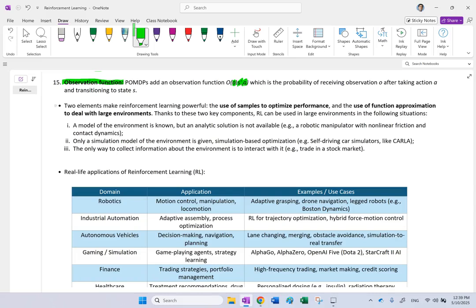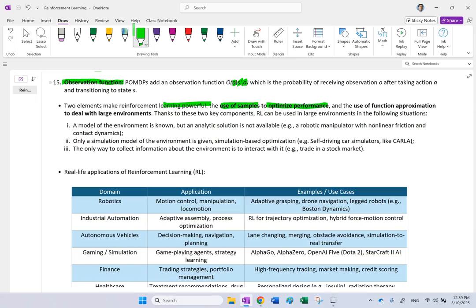Why is it that this is so powerful? One is, as I said, in order to perform the optimization task, it uses samples. As I said many times, the space formed by the states and actions, S and A, is so large, like chess or any other even simple games, that there is no way you can explore the whole thing.